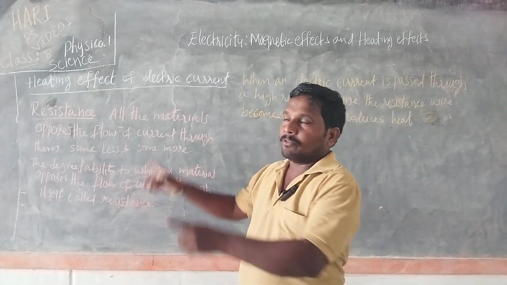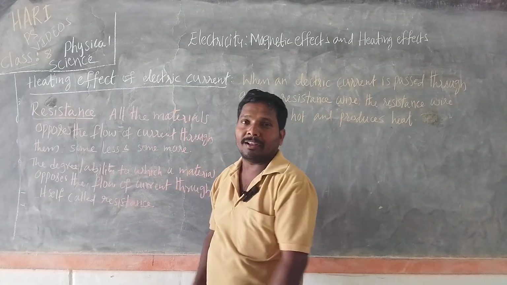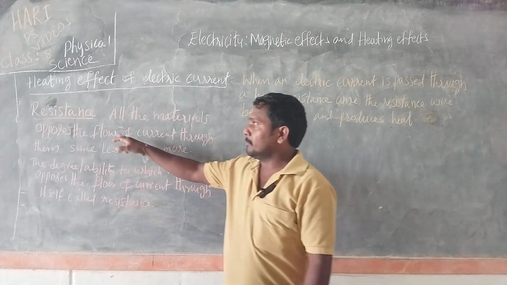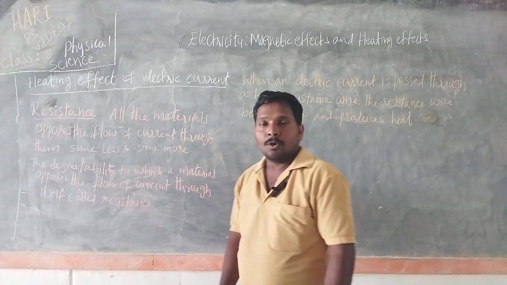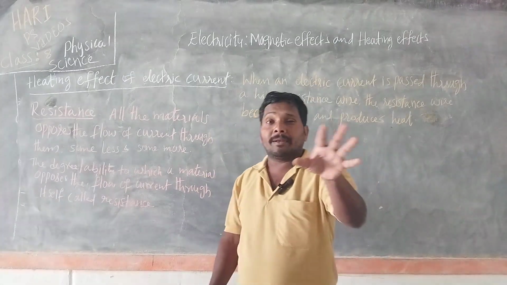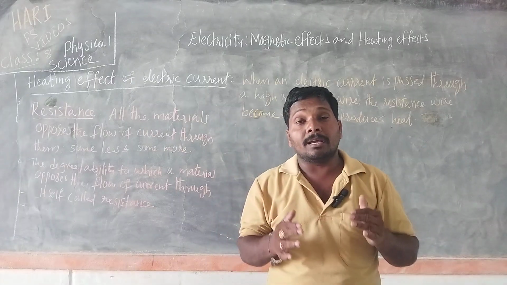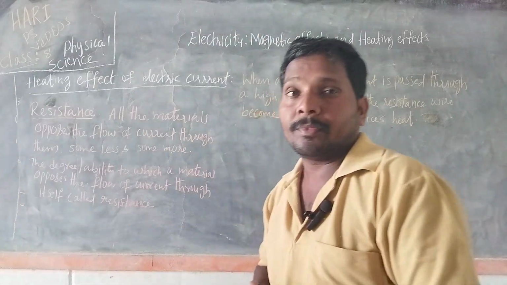Similarly, before understanding the heating effect of electric current, let us know what is meant by resistance. We know some materials are good conductors of electricity, which allow the electric current to pass through them.